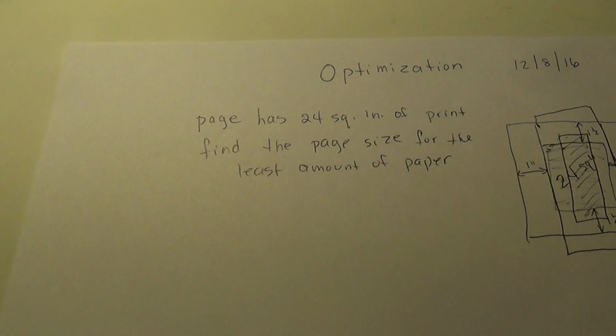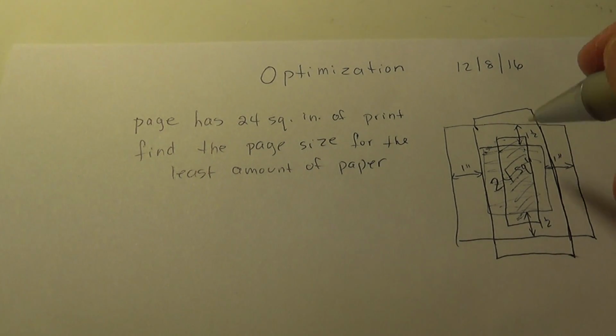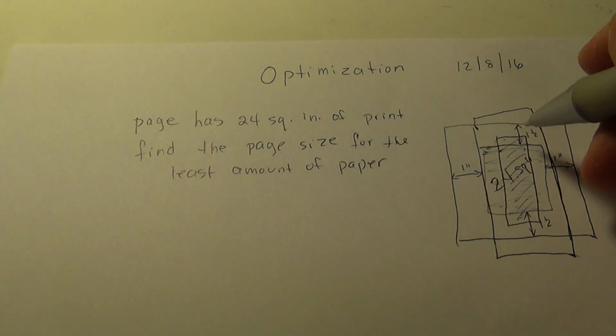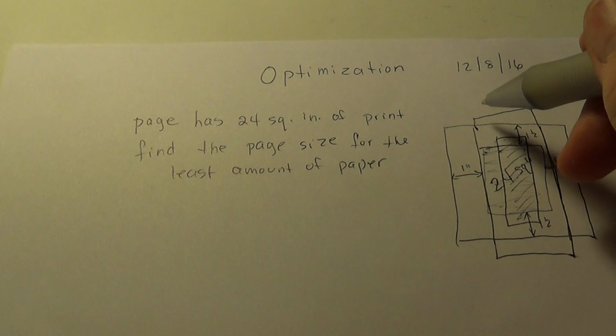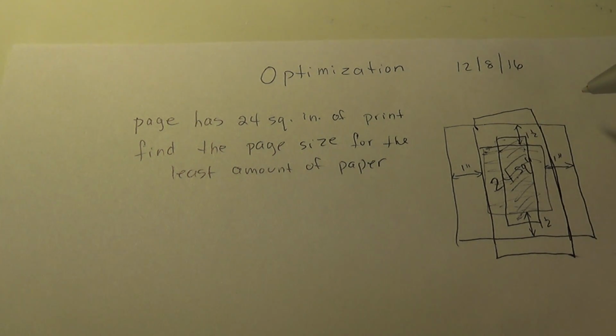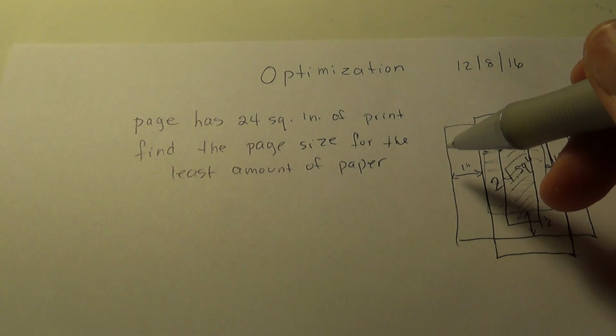So we're going to find the page size that keeps these requirements, 24 square inches of print and these margins, but I want the page size. When I say size, I want the dimensions so that I'm using the least amount of paper. So to do that, let's look at what is known.